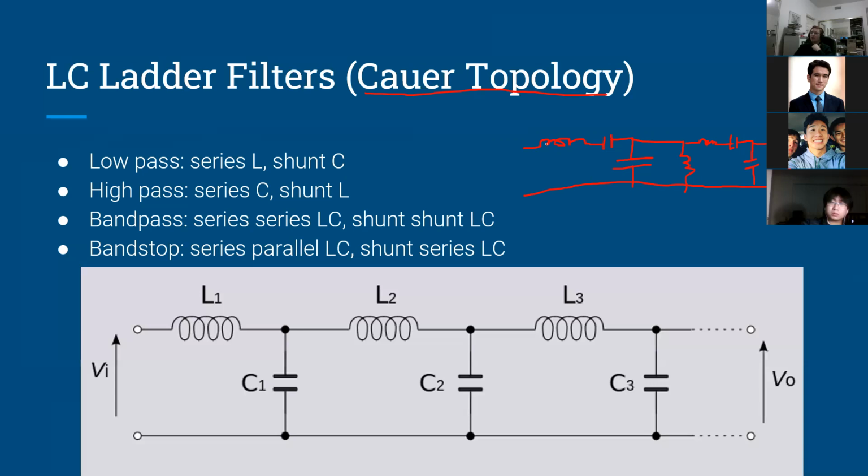So at resonant frequency, for example, let's say this is L, and this is C, and at omega equals 1 over the square root of LC, can somebody tell me what the impedance of this is, the series LC?